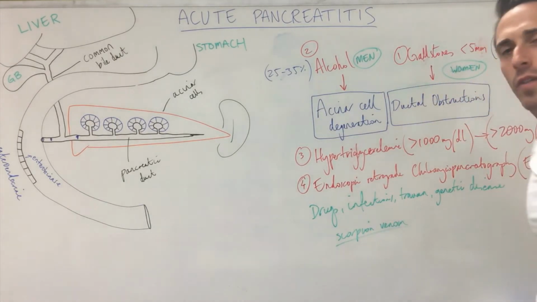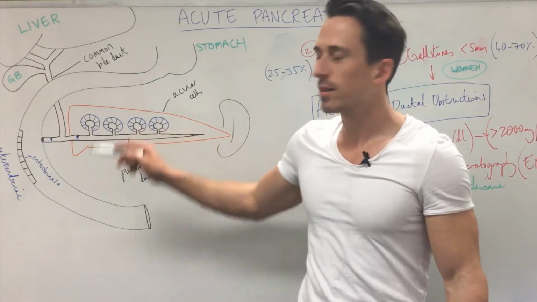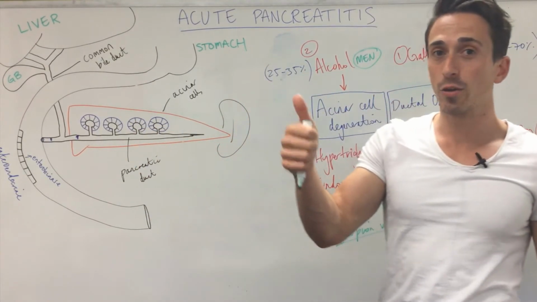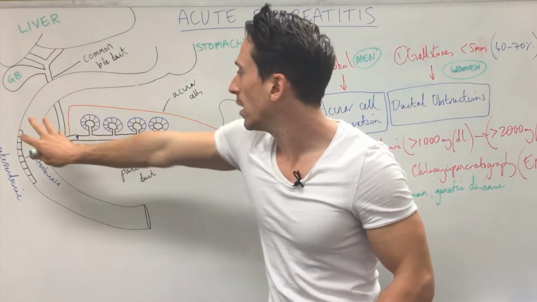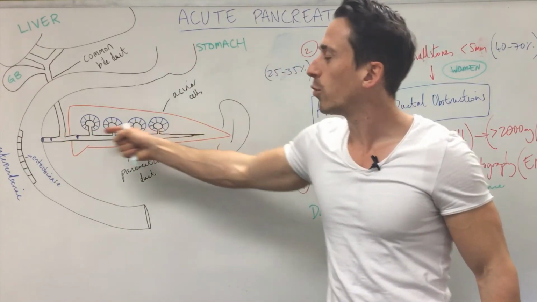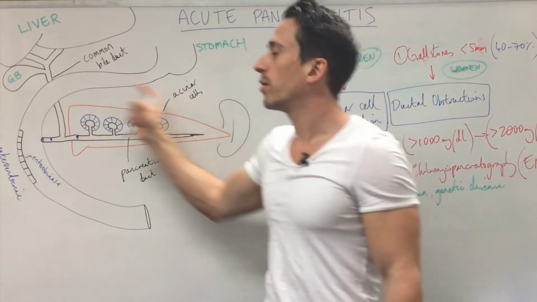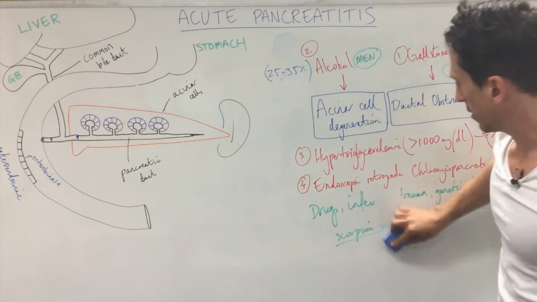How does scorpion venom result in acute pancreatitis? Well, scorpion venom seems to tell the acinar cells to increase the amount of pancreatic juices they release, and then it tells the sphincter of Oddi to close up, which means all these pancreatic enzymes accumulate here and auto-digest the tissue. Okay, so these are the different causes.